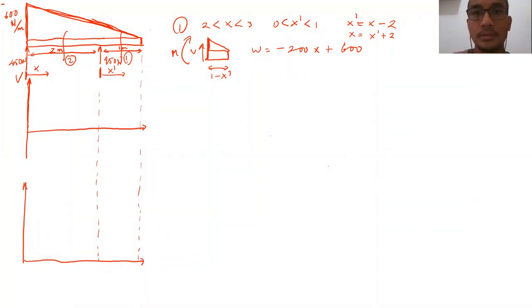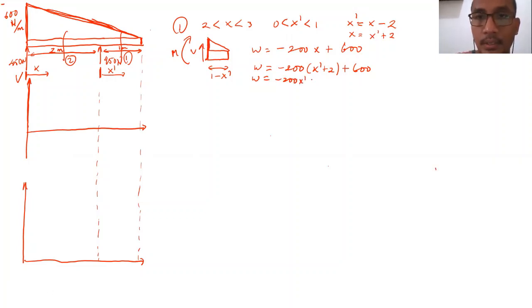Okay, so now I can replace x here with x action. So our W will be the same as minus 200 multiplied by x action plus 2, plus 600. So our W here will be the same as minus 200 x action, plus 600 minus 400.